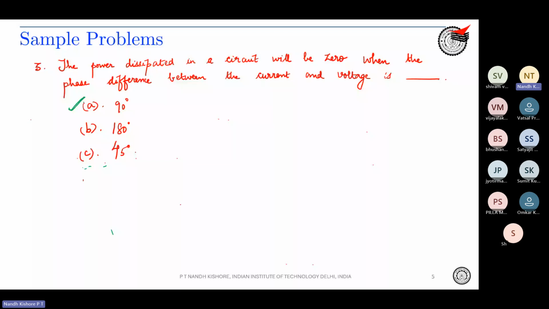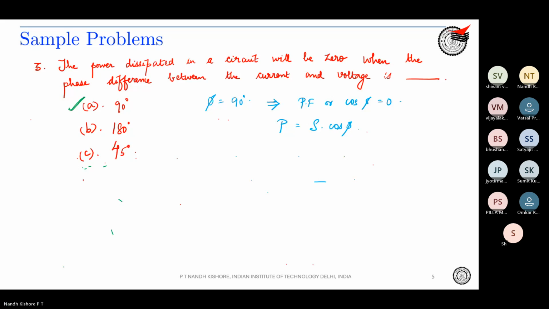The reason is that if the angle is 90 degree, the power factor cos phi will be 0. Power is equal to S into cos phi, where S is your apparent power.